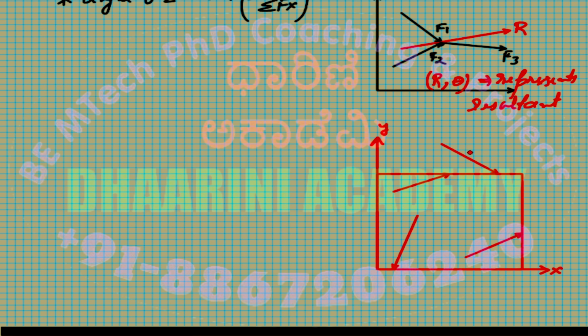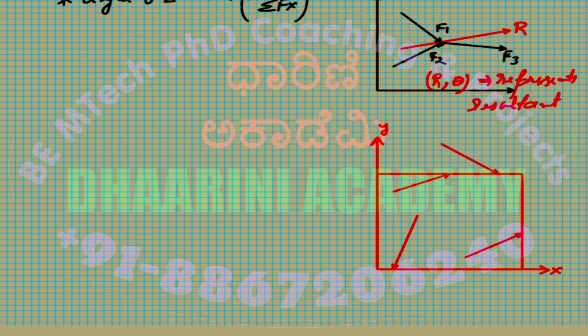Okay, now if I simply measure R and theta, let me say there is an R and a theta. So let's say we found that there is an R and there is a theta.